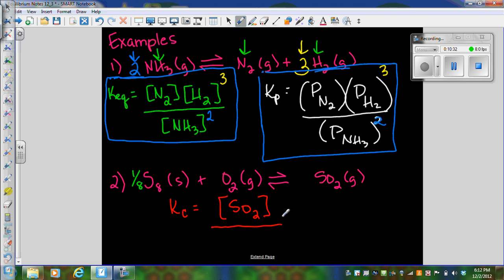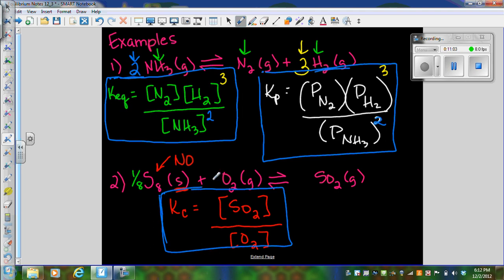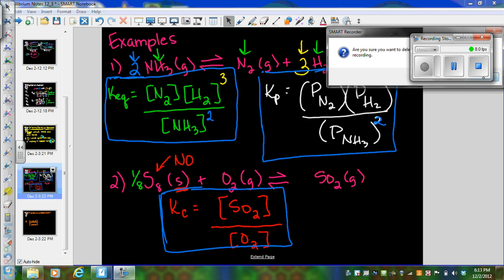I'm going to put that over concentration of reactants. I will include oxygen because it's a gas, not raising it to a power because it has a coefficient of 1. And then I am not going to include sulfur because it's a solid, and solids are not included in the equilibrium expression. So this is my equilibrium expression for that second reaction.